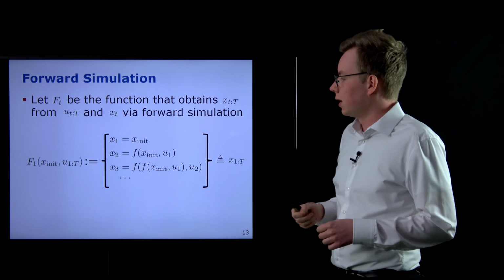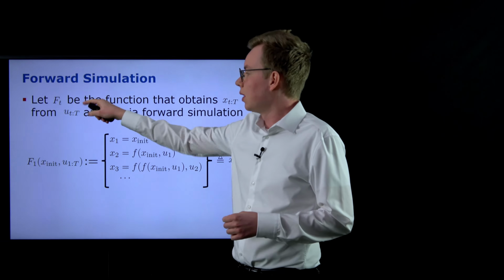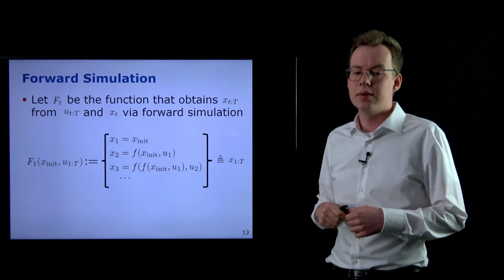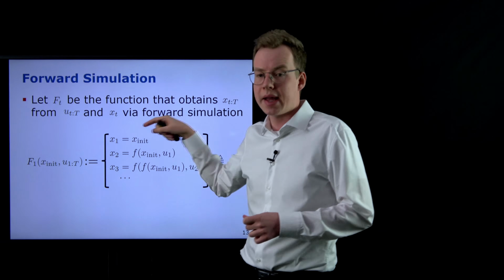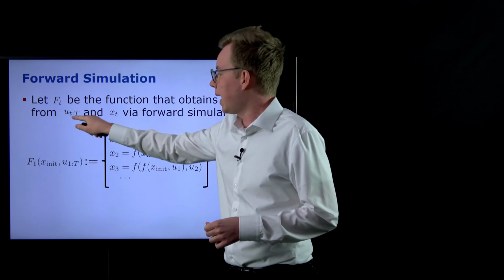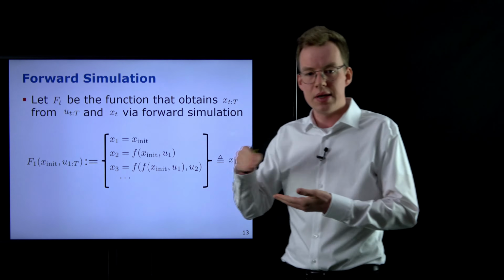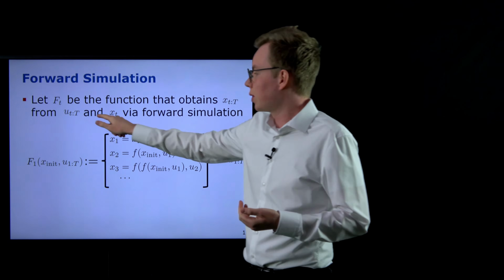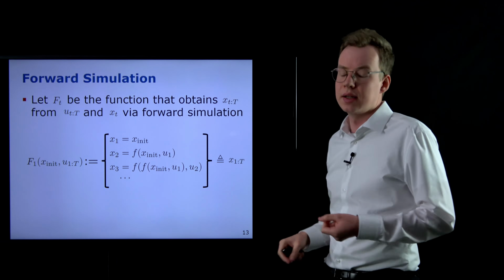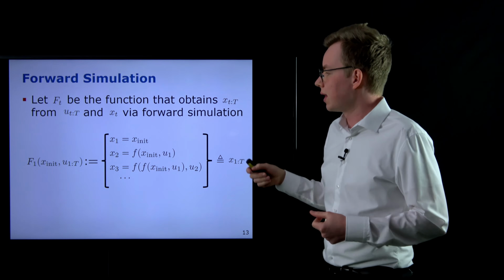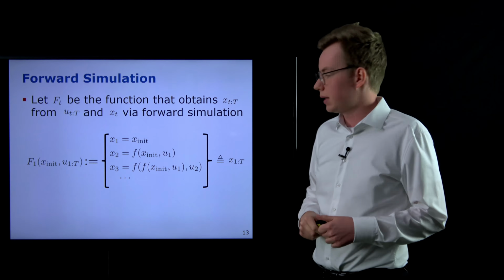And so we can define this function f_t, where f_t is the function that takes the initial state at time step t, and then the sequence of controls ranging from that small t, so the intermediate time step small t, to capital T, so until the end of the horizon, and it will give us the resulting trajectory, so the induced trajectory that we just get from applying these inputs in open loop from that state.